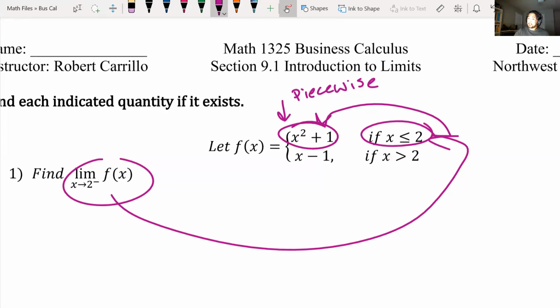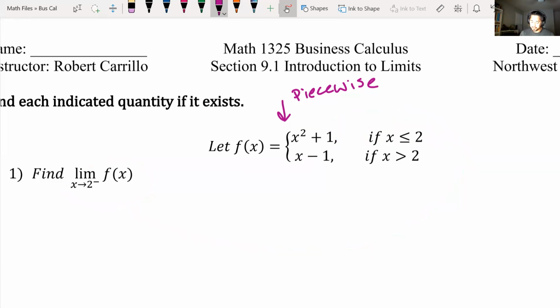Since that limit connects to that restriction, we are going to use the function x squared plus 1. And what number are we going to plug in for x? 2. That's it. So this becomes the limit as x approaches 2 from the left of x squared plus 1.